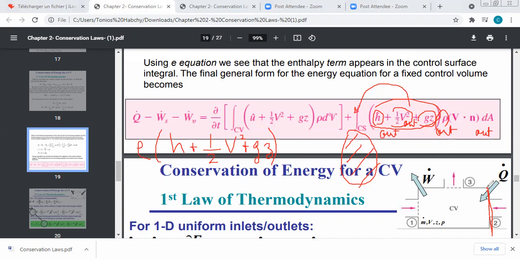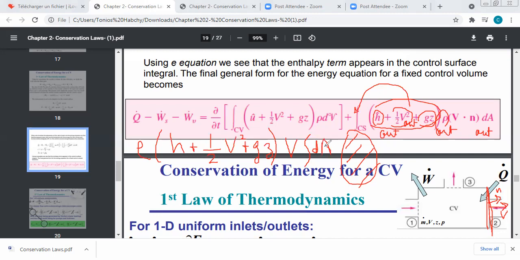So since we are considering cases where the velocity is perpendicular to the surface, when you do V dot N for an outlet, so this is N, this is V, they are in the same sense, V dot N will give you just V, times integral dA.